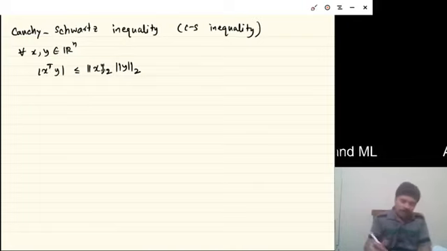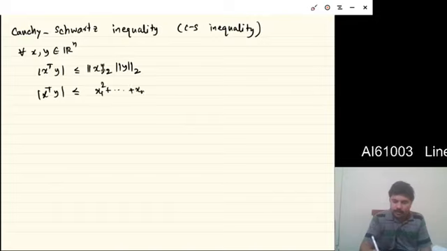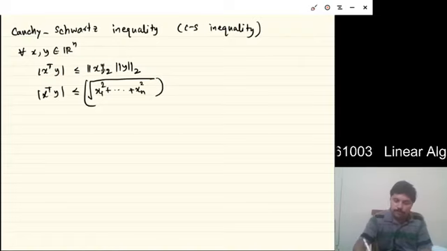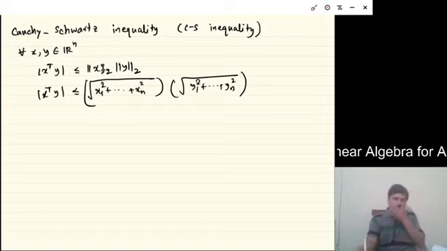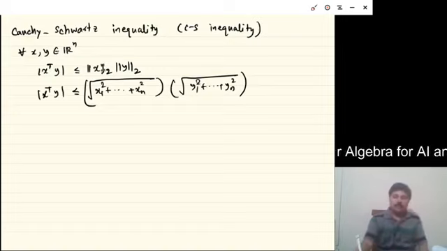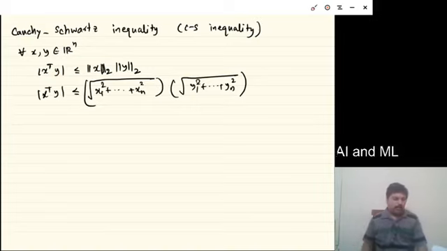Sometimes it is also written as the square root of x1 square plus up to xn square, times the square root of y1 square plus up to yn square. That's the formula. Many times, if it is introduced before linear algebra, people write it in this second form, but in linear algebra notation, this is what we will write down.